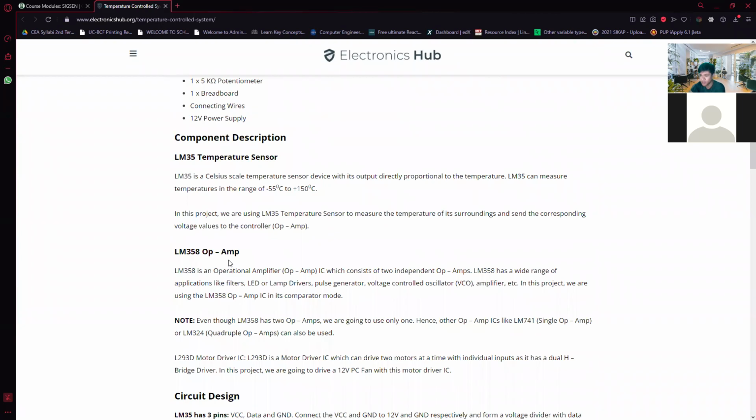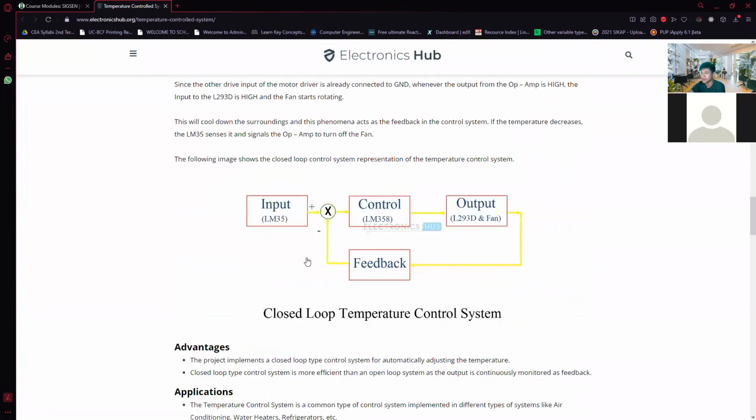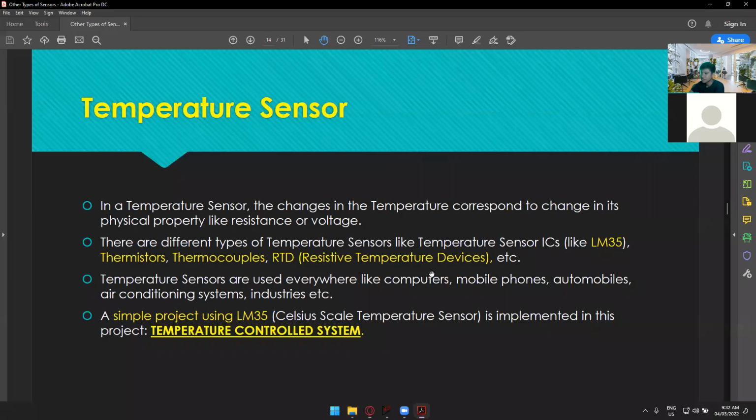So what is this LM35? And so on and so forth. We even have the block diagram of this project, and then its advantages and applications. Anyway, just check this one out later regarding this temperature sensor.